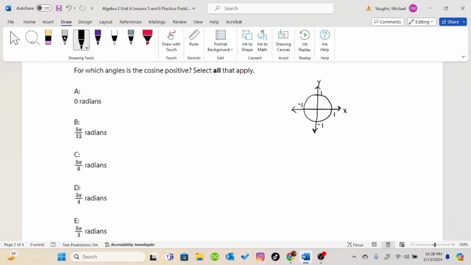And we know that if we were to draw a right triangle, we can use the Pythagorean theorem. And we're looking at this angle here.